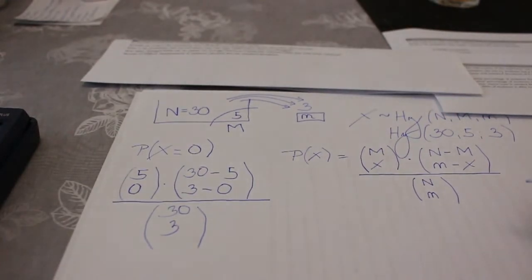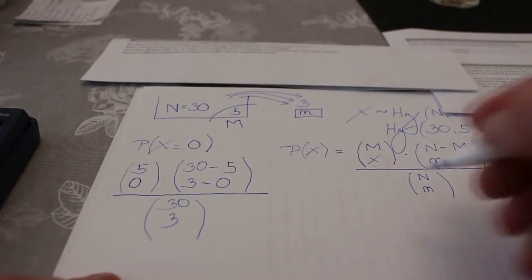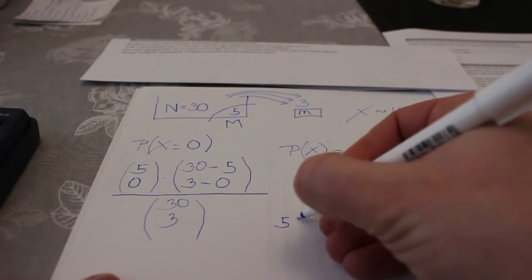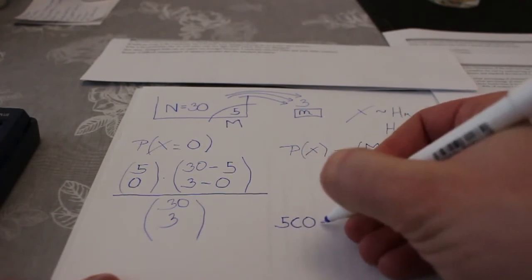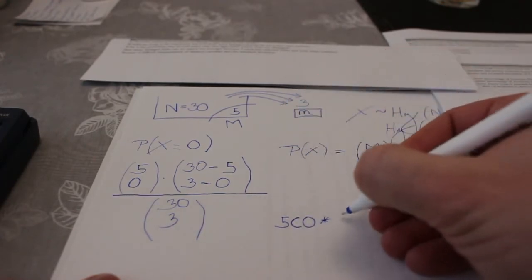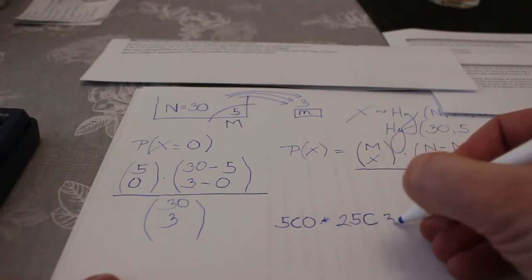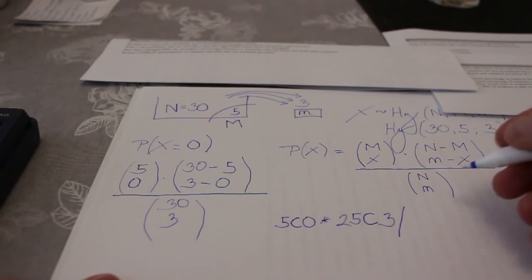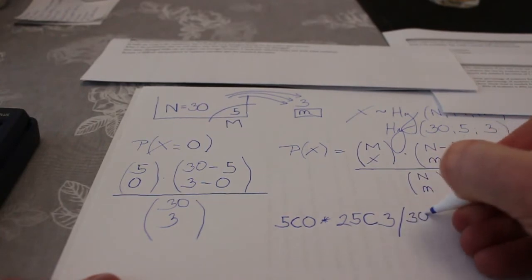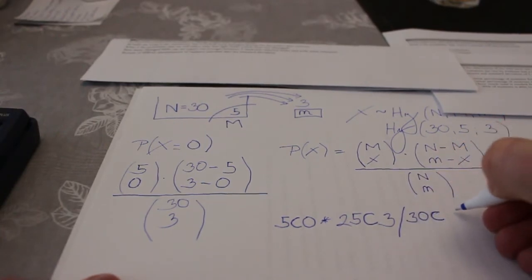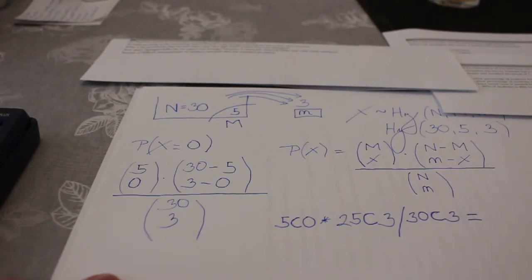Now, you can use the calculator and you can calculate 5C0 times 25C3 divided by 30C3 and equal sign.